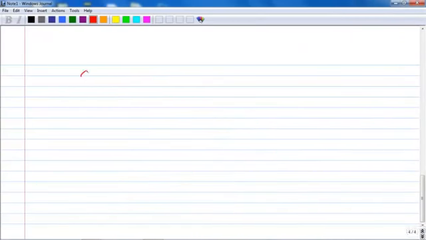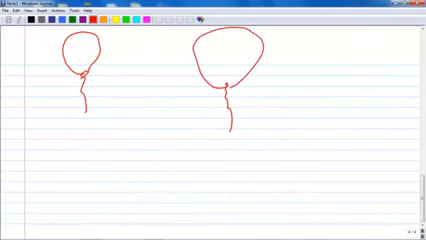So now I will try to draw a balloon. Okay, and now what happens to this balloon is that we blow up this balloon. It becomes much bigger. So if I had points A and B, now these points are much further apart, A prime and B prime.